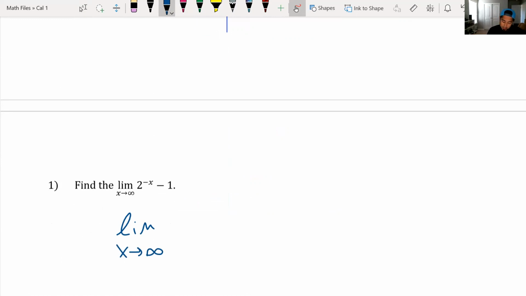Remember, anything with the negative exponent can be rewritten as a fraction. This means that 2 to the negative x can be rewritten as 1 over 2 to the x minus 1.